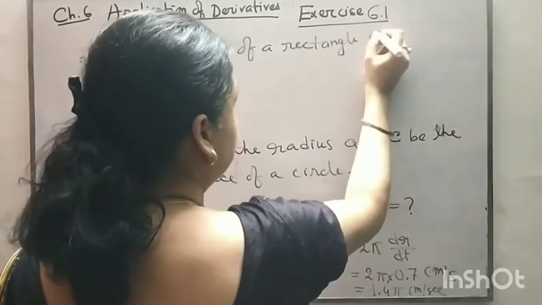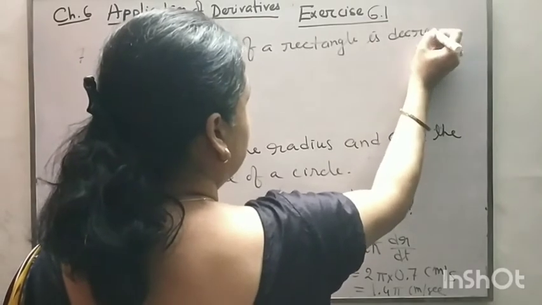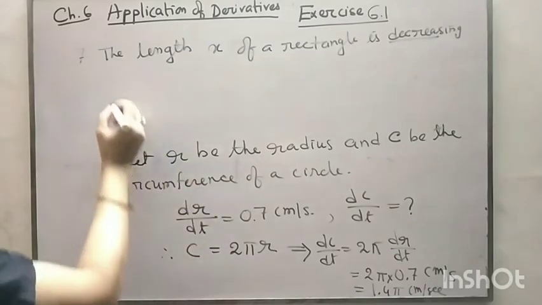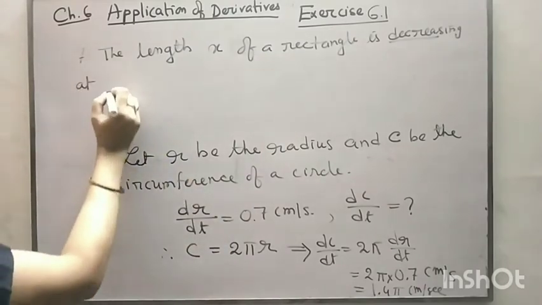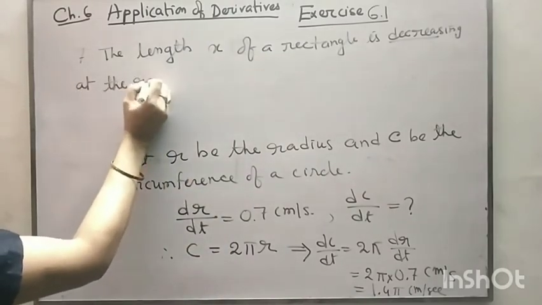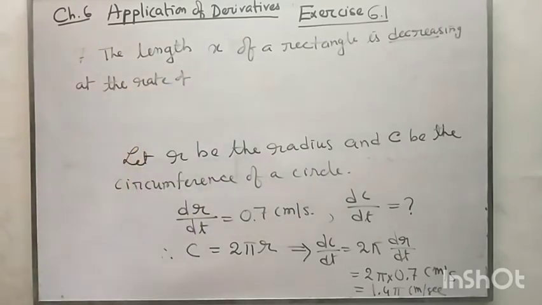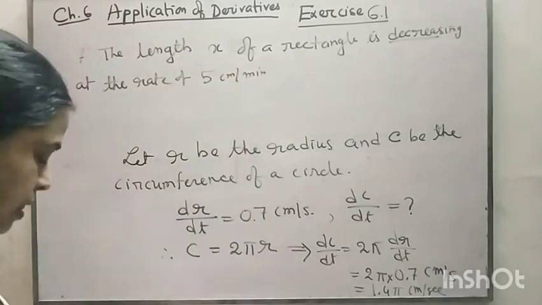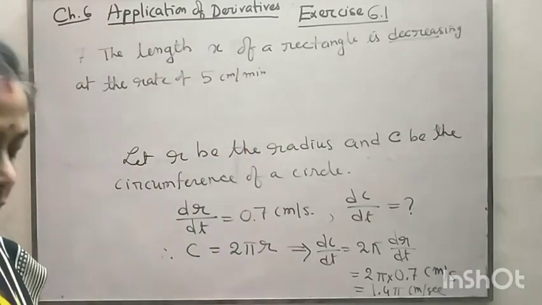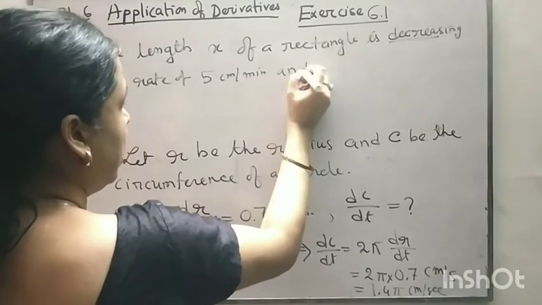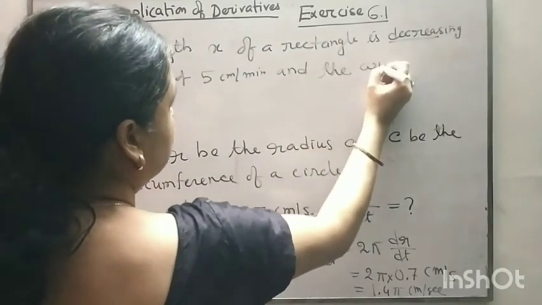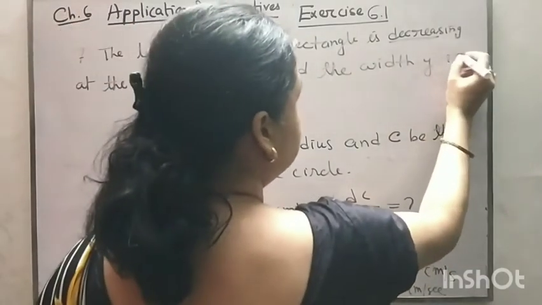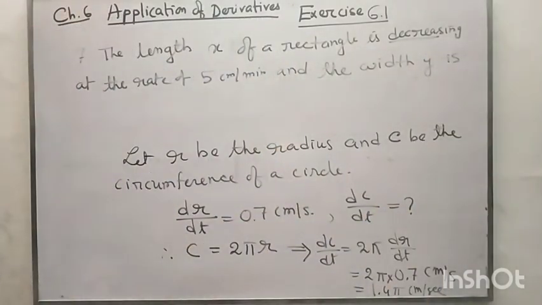Remember here, it is decreasing. Notice this thing, we have not done this type of question. At the rate of 5 centimeter per minute, and the width y is increasing. Just a minute, I'll just write the question.